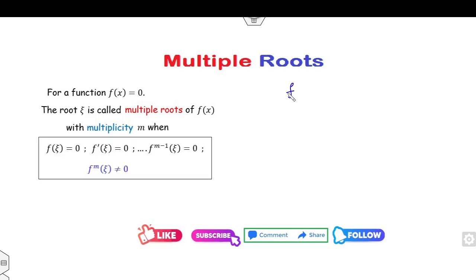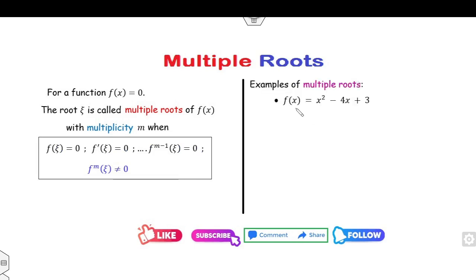I will explain this with an example. Can you say x equal to 1 is the root? Definitely, because f of 1 is 0. So 1 is a root. Now the question arises: what is the multiplicity of this root?